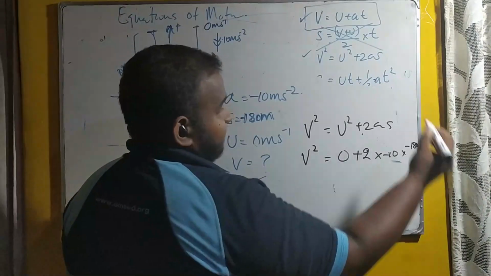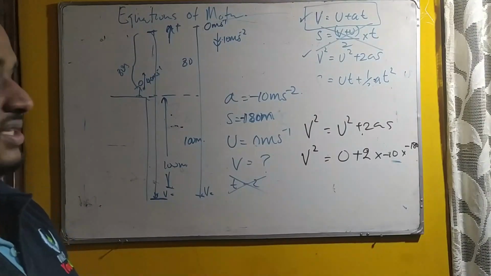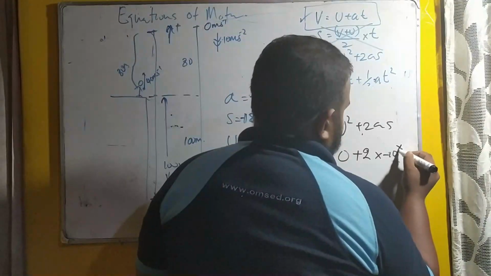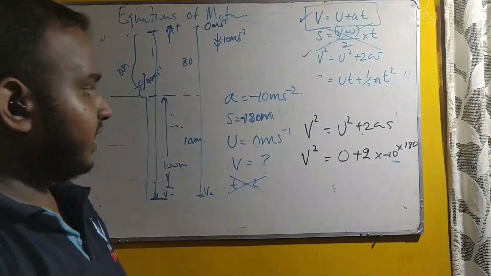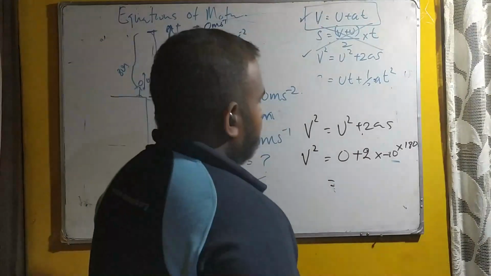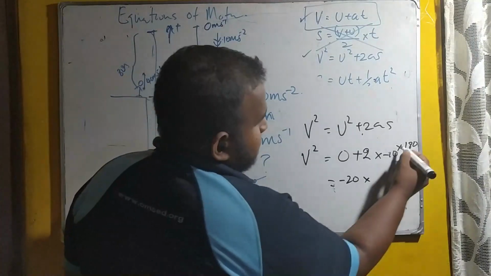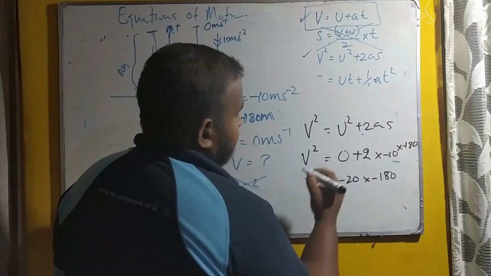Minus 180 meters. Now, minus 20 into minus 180 is equal to v squared.